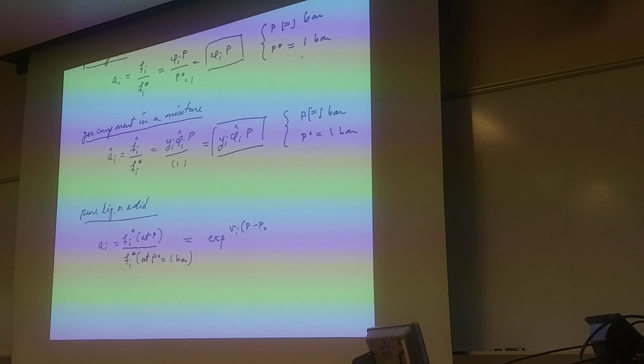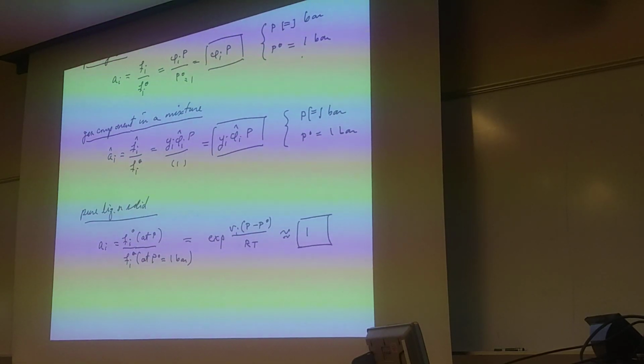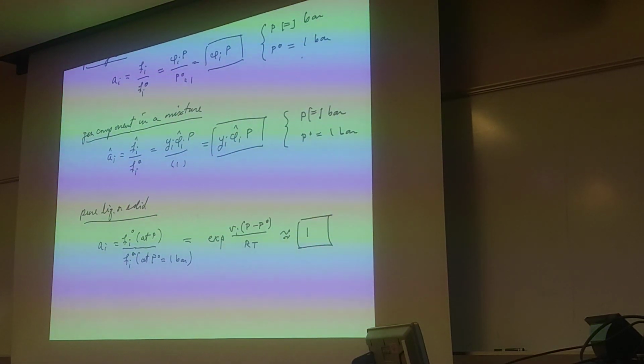This P0 is going to be, I should put the 0 up high. And we take that as essentially 1 unless we're dealing with high pressure. So for our purposes, the activity of a pure liquid or solid is simply equal to 1.